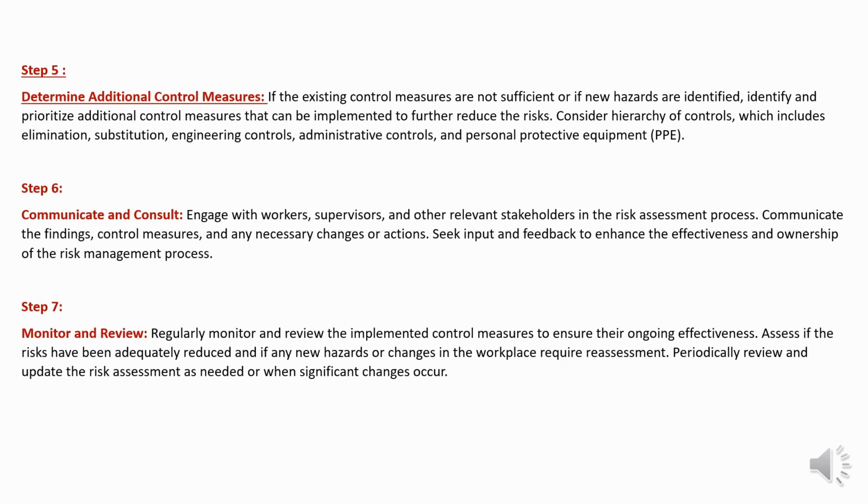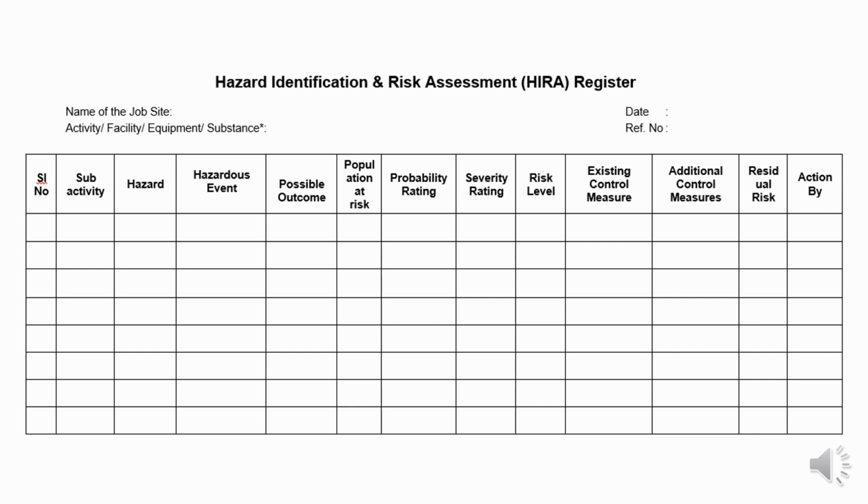So this is the HIRA register format on which we are going to do the risk assessment. This document shows you what the risk assessment format looks like. The first column is the serial number. Sub activity: if we take the example of excavation works, all the activities contributing to the entire excavation work will be mentioned.